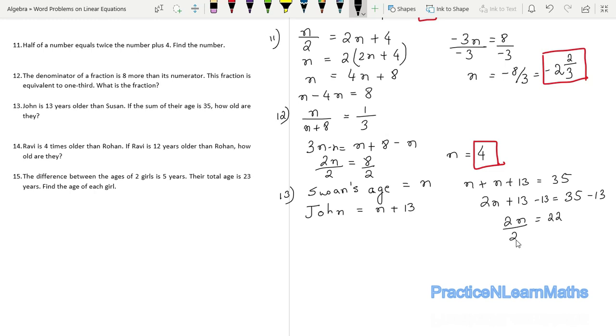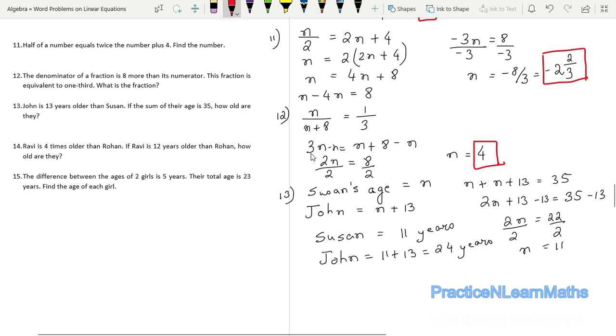Divide both sides by 2. We get n is equal to 11. We can't stop over here because they have asked how old are they. So Susan is 11 years and John is 11 plus 13 is equal to 24 years. That's the answer.